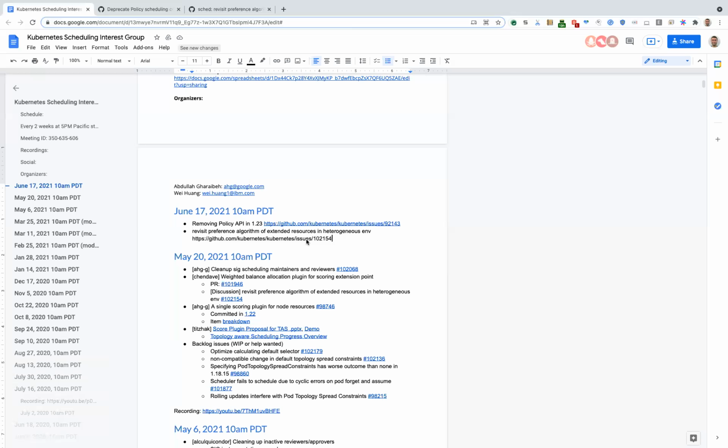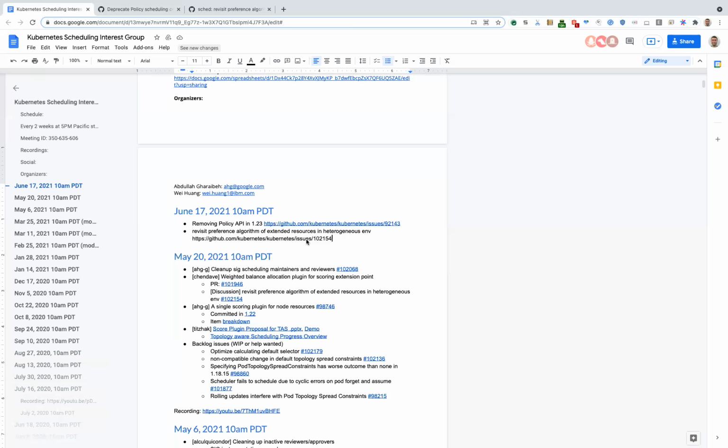Most scheduler features are implemented as plugins. We have in-tree plugins, which we host directly in tree, so that they get released with the Kubernetes scheduler with each Kubernetes release.